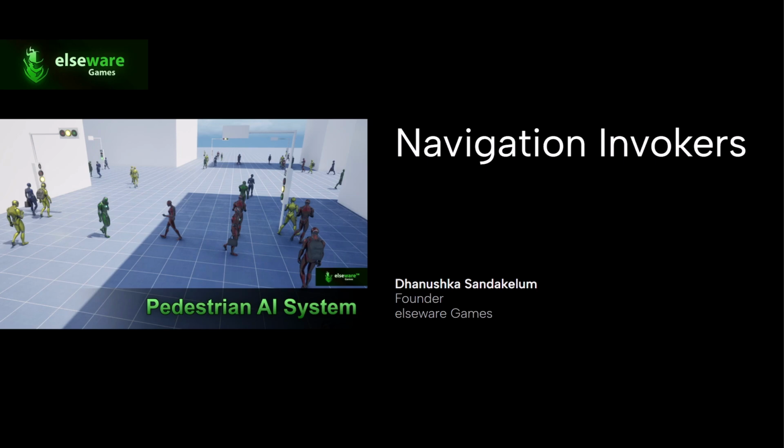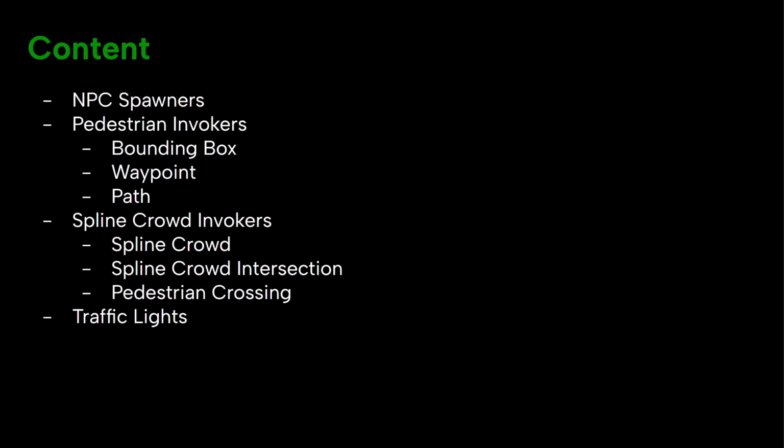This is the second tutorial of the Pedestrian AI System, which is navigation invokers. In this session, we are going to cover how to use NPC spawners in your level, as well as how to use pedestrian invokers such as bounding box, waypoint, and path blueprints to move your NPC characters inside the level, and spline crowd invokers such as spline crowd intersection, as well as pedestrian crossing.